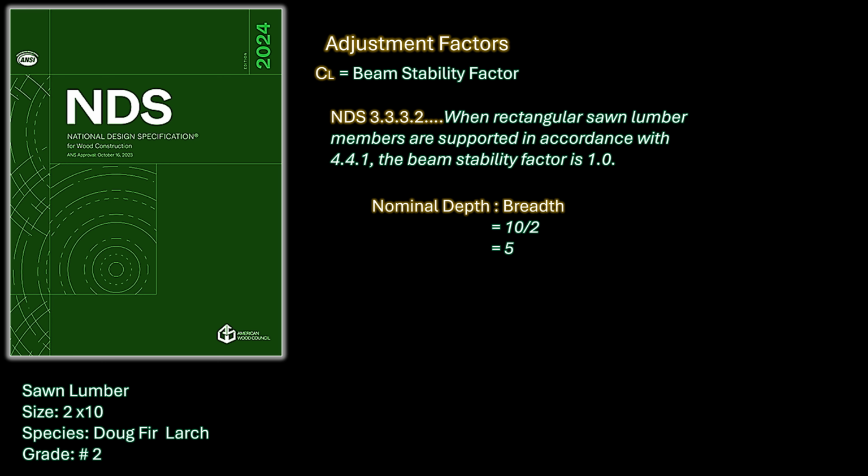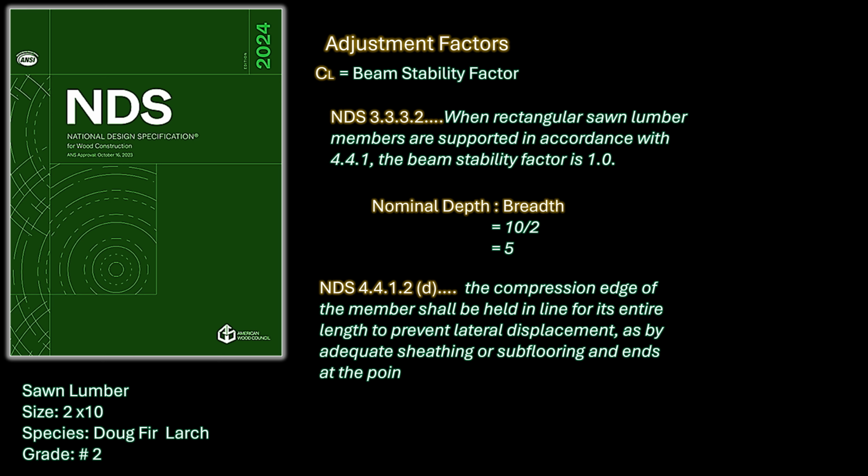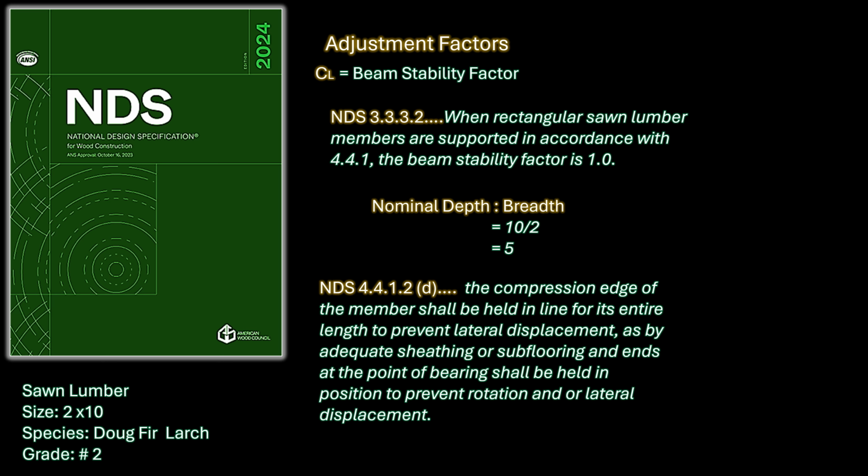According to Section 4.4.1 of the NDS, for members with a depth-to-breadth ratio greater than 4 but not exceeding 5, the compression edge of the member shall be held in line for its entire length to prevent lateral displacement by adequate sheathing or subflooring. Additionally, the same section requires that the ends of the member at the point of bearing shall be held in position to prevent rotation and/or lateral displacement.